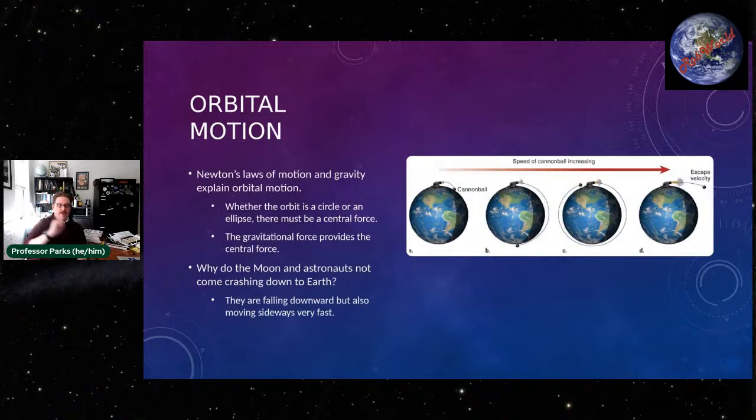Now, once the cannon has fired, again, we're neglecting air resistance, the only force acting on that ball is gravity. So it has no acceleration in the x direction, the direction that it's traveling. It only has acceleration down. This is what causes a projectile to fall to the ground or go through what is known as a ballistic trajectory. So it falls to the ground. Easy peasy. See this all the time.